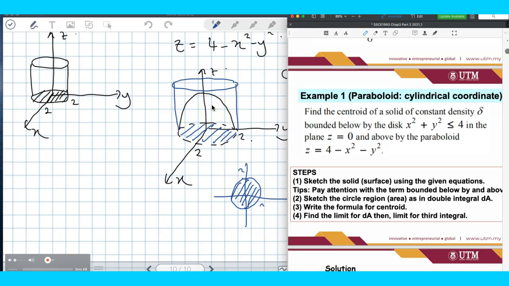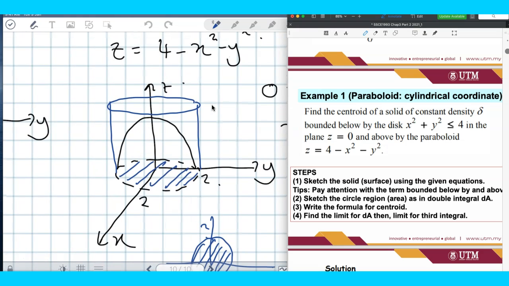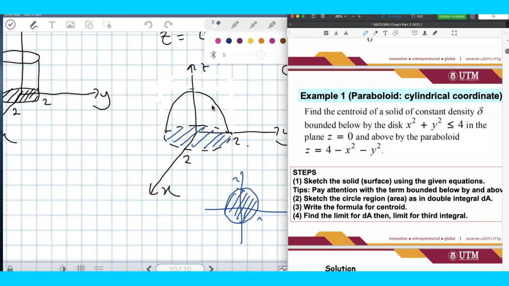So what we can see is that the solid we have is actually only the ball. Now we have to erase this one. When we say a solid, it should be closed.